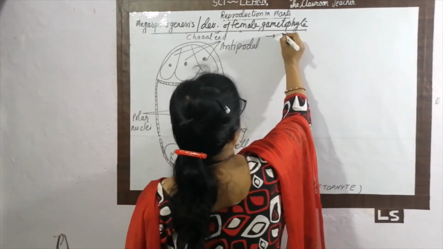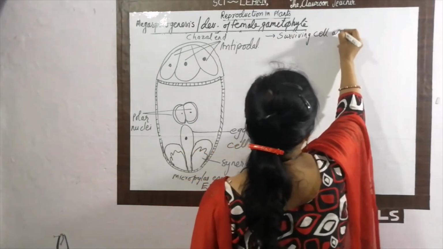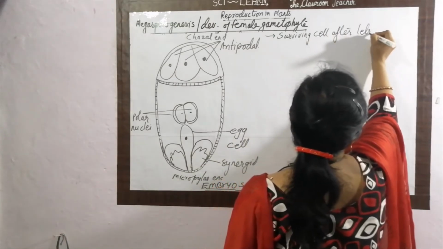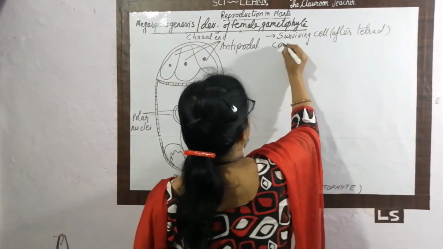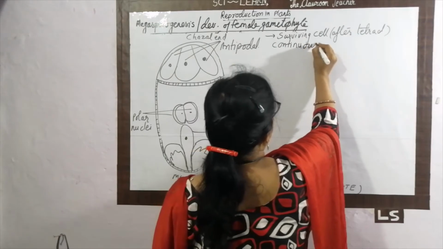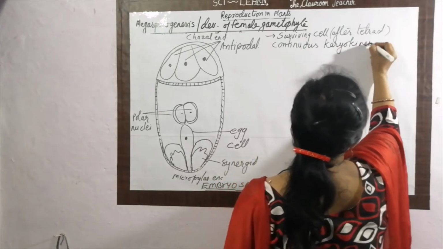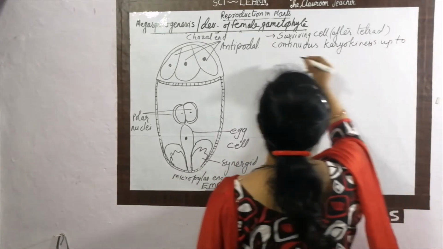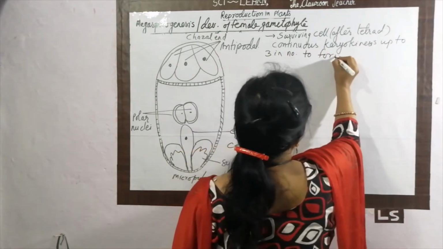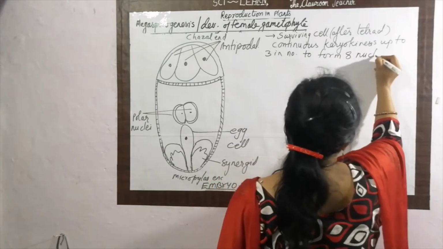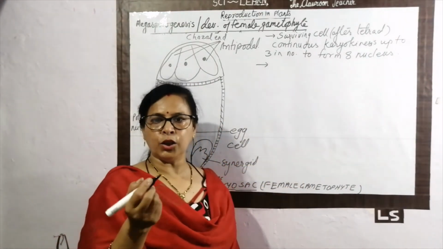The 1 surviving or functional cell after the tetrad undergoes continuous karyokinesis, up to 3 in number, to form 8 nucleus. Okay, to form 8 nucleus. That is explained. Okay, 8 nucleus is formed.